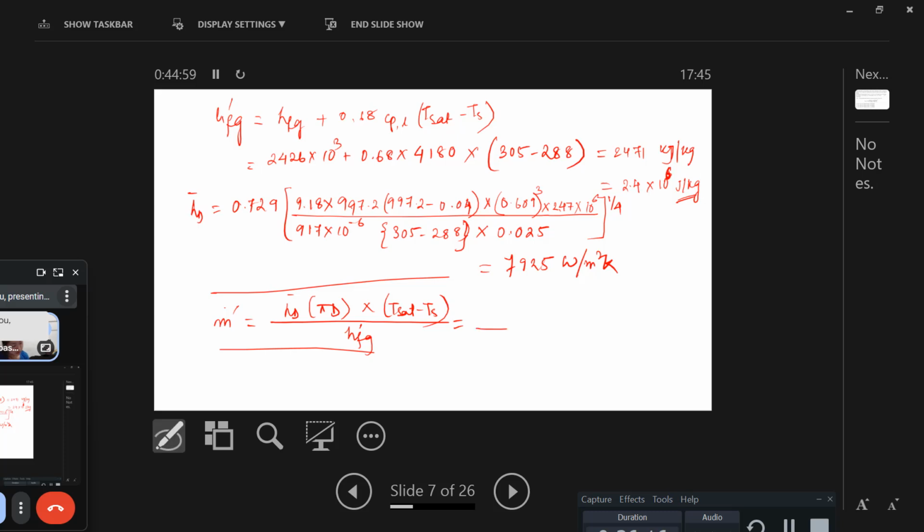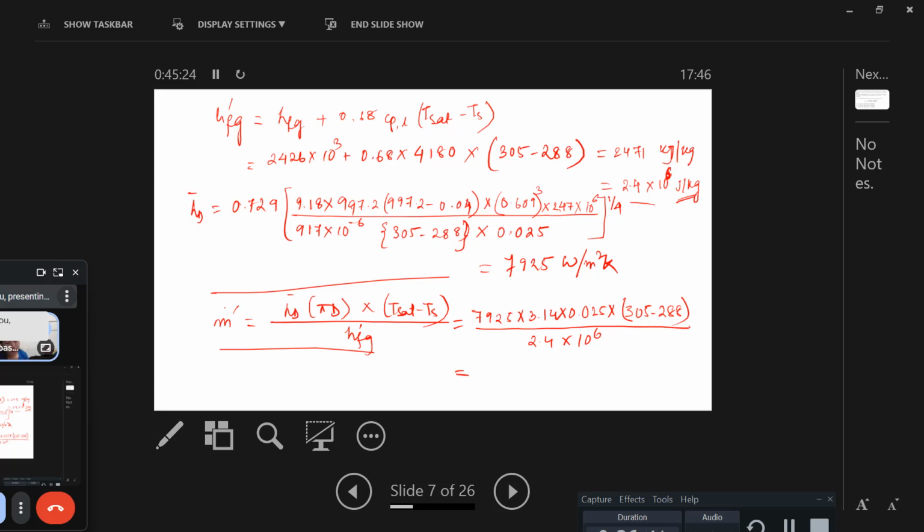So this is 7925 into 3.14 into 0.025 into 305 minus 288, whole divided by HFG prime, which is 2.4 into 10 to the power 6.